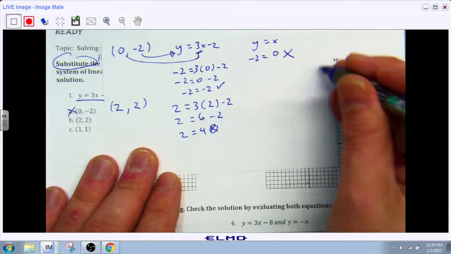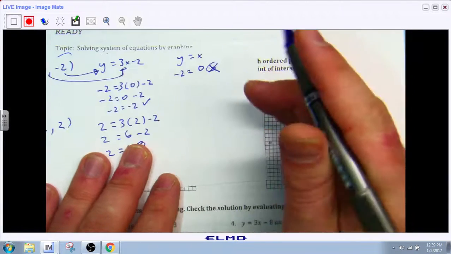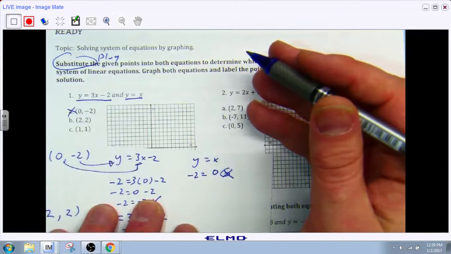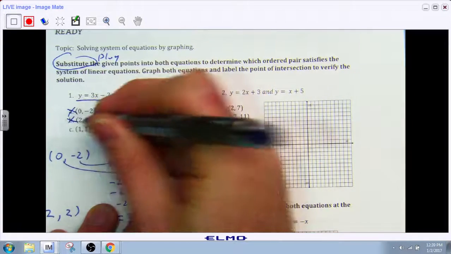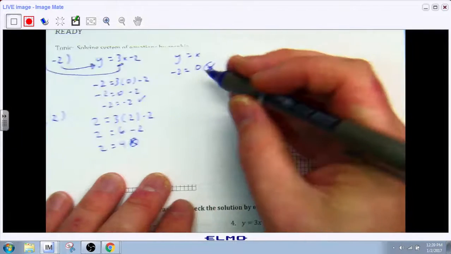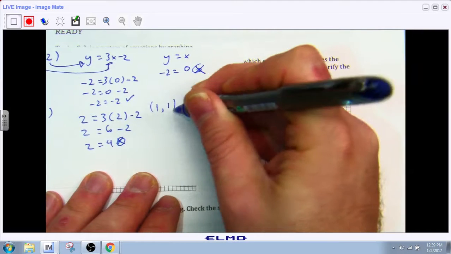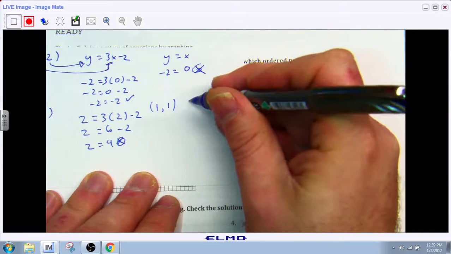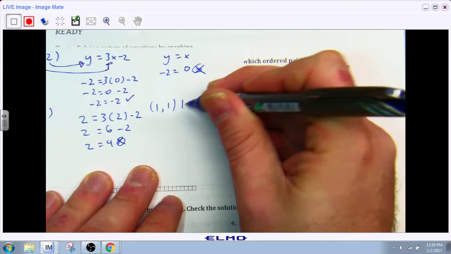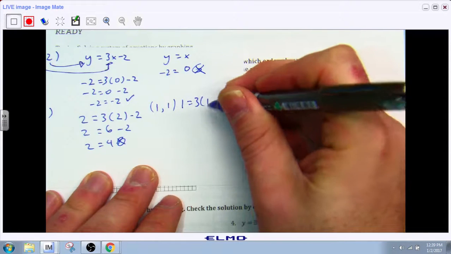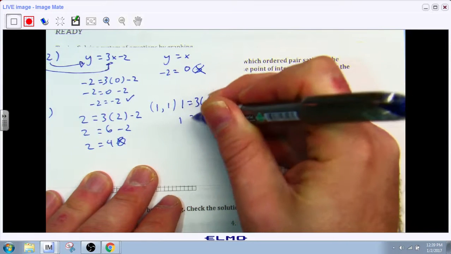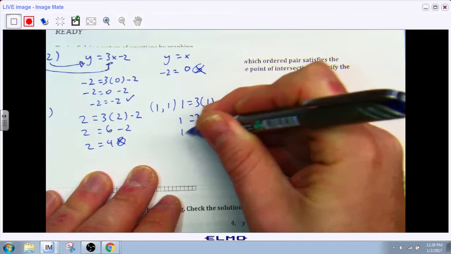All right, now I do it one more time, this time for the point (1, 1), because B is wrong, C is right. I do it for this equation again. So 1 equals 3 times 1 minus 2. So 1 equals 3 minus 2. 1 equals 1.